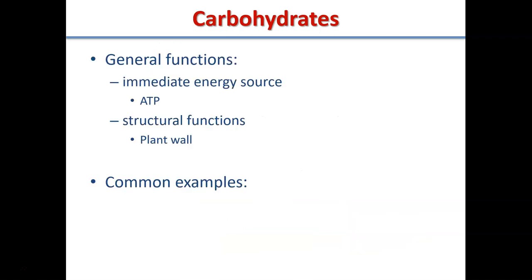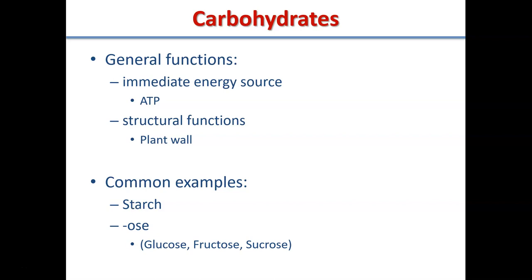So what are some things about carbs? Maybe this went back to what you thought about carbs earlier. They are very important for energy. They are an immediate energy source, such as ATP, which we'll talk about in depth. And they also have a structural function. So carbohydrates have the ability to maintain structure. So a plant wall, we'll discuss, is made up of carbohydrates. Some common examples of carbohydrates are starches.